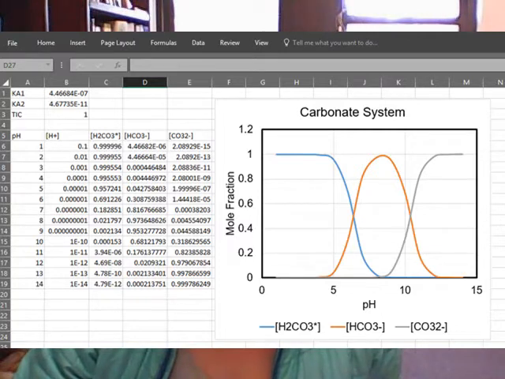So let's go back to our TIC example. We took our sample and determined that the pH was 6, which is very close to the first pKa of 6.3. That's why we calculated that we had primarily carbonic acid and bicarbonate in our sample with very little carbonate, and you can see this on the graph.